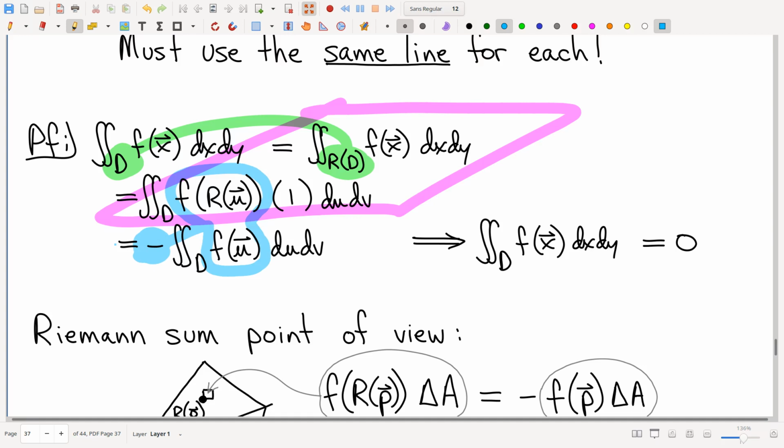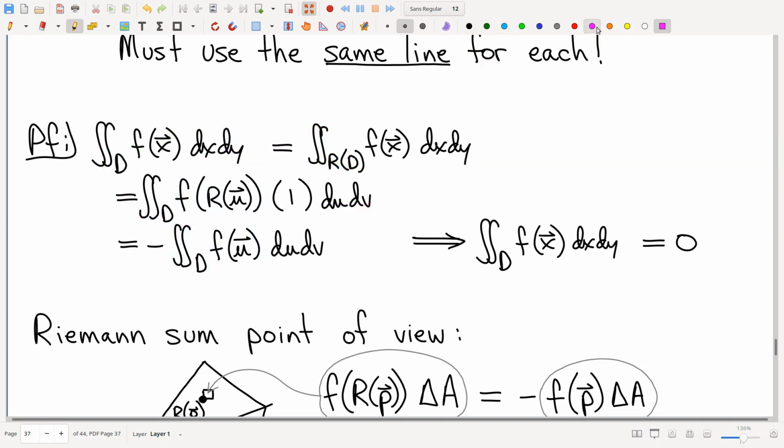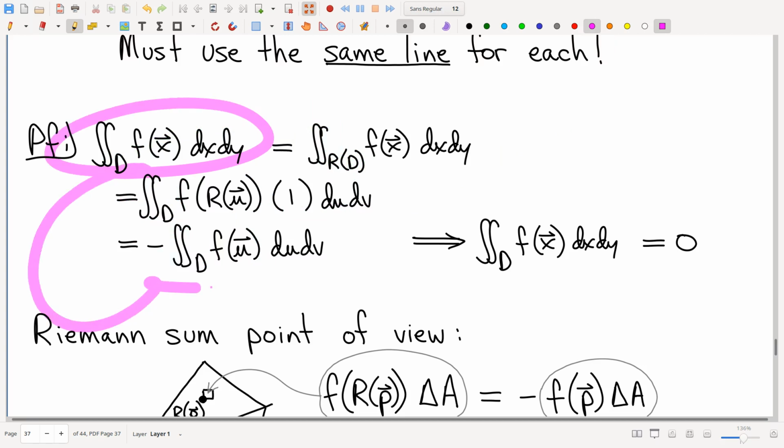Right? And lo and behold, same deal. Just as we had before, we have that this integral is its own negative and therefore must equal 0. So really, really analogous argument there. And by the way, this is why I like to put the section on symmetry in the section on change of variables, because change of variables is arguably the slickest way to see this argument nice and quick.